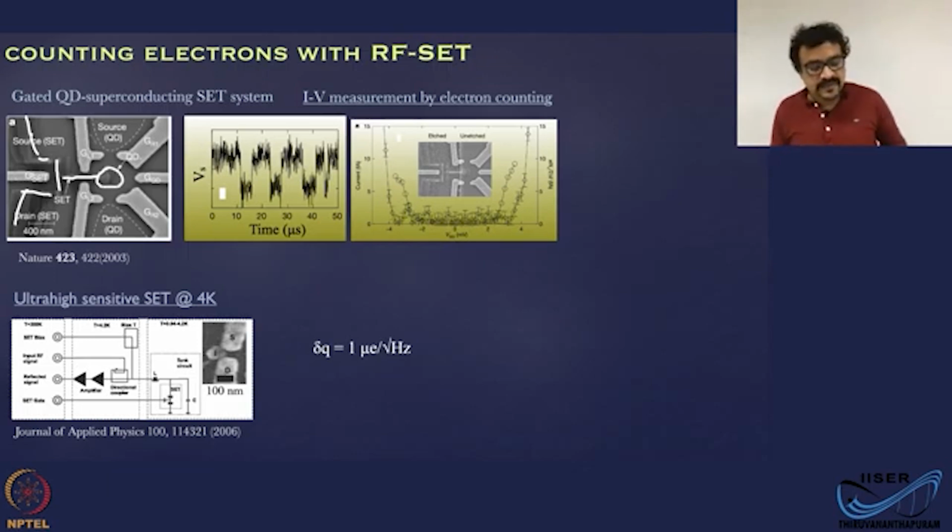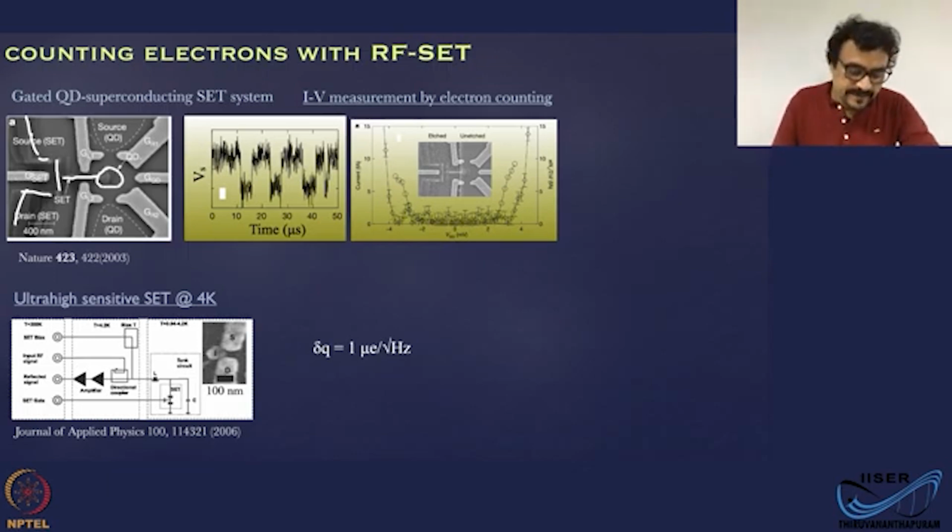When you bias this at the sensitivity point on the edge of a Coulomb blockade peak, it can detect the motion of single electrons charging and discharging through this quantum dot. We can detect these events in real time. Others were able to detect them on a microsecond time scale, or megahertz in frequency, in the tunnel rate.